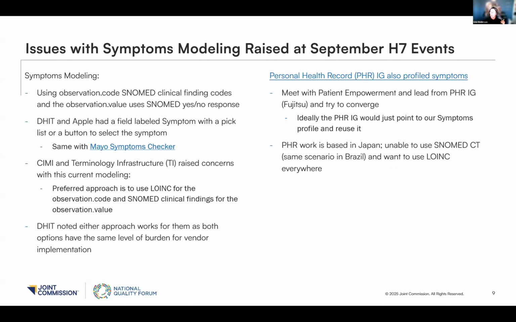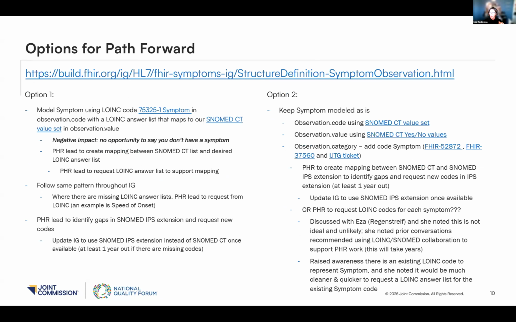We also found some issues. Originally we had our symptoms profile modeled using the symptom as the observation and then using yes/no values. That was noted as an issue for folks. And so we provided some options to move forward right after the Connectathon.